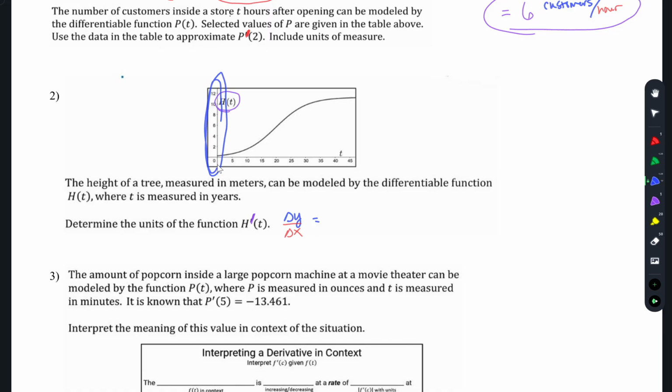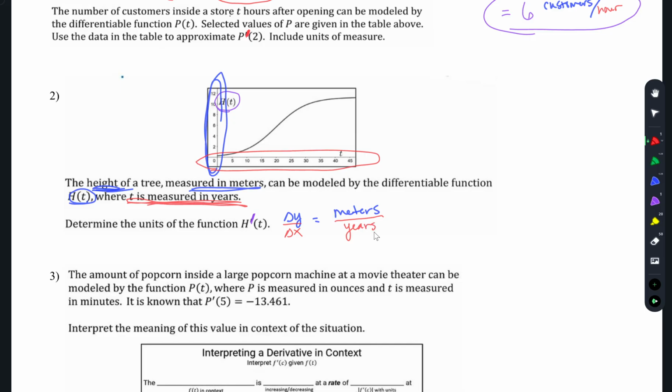Your y is your height, aka your H, measured in meters. So meters is the unit on the numerator. And then now you just look at, okay, what's your x-axis? That's t or time. So t is measured in years. So you're going to go meters per year.